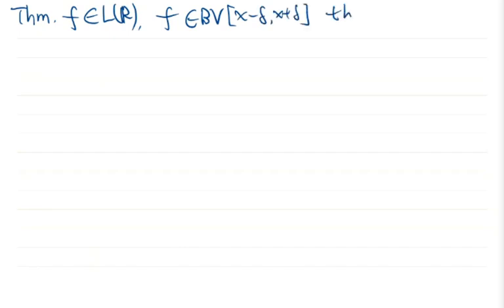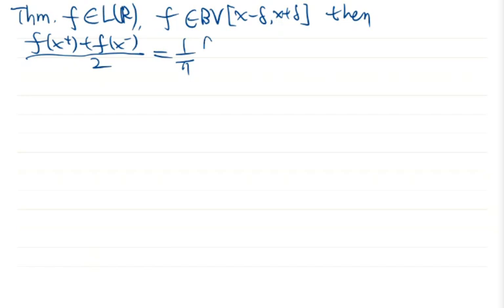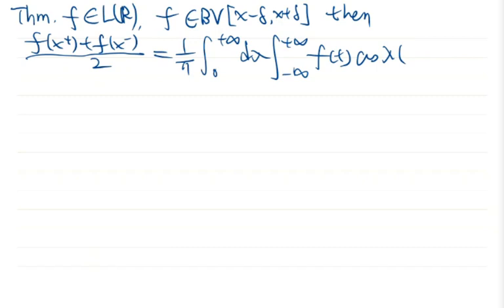Then the conclusion is that (f(x+) + f(x-))/2, the mean value of the right and left hand side limit of f at the point x, will equal to the integral of d lambda from minus infinity to positive infinity f(t) cosine lambda(t minus x) dt.